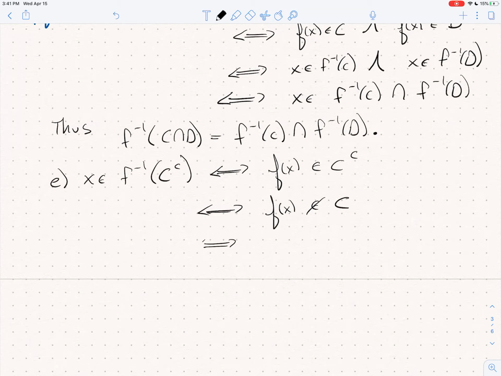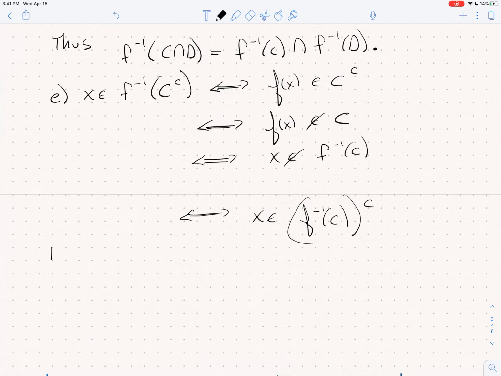And this happens if and only if X is not in the preimage of C. If F of X is not in C, if and only if X is not in the preimage of C, and that happens if and only if X is in the complement of the preimage of C. And so at this point we can say, thus, the preimage of C complement is the same as the complement of the preimage of C.